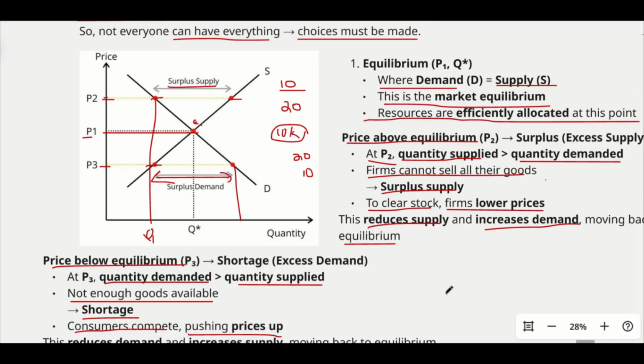Let's see how. So when the resources are scarce, if more people are able to buy it, the resource won't be enough to satisfy everyone's need, right? So those who are in most need, like those who anyway wanted that particular resource, they should be able to get it. So we'll be using this price mechanism. So when the resources are scarce, we can increase the price of that particular product.